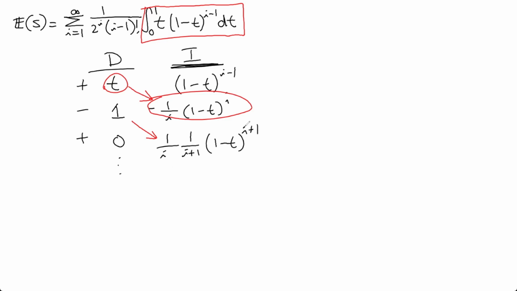So I will write those out. This integral comes out to be t times this quantity minus 1 times this quantity.